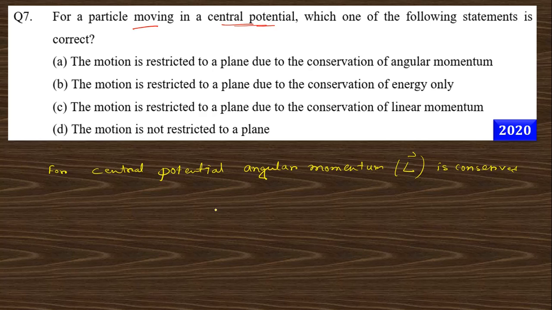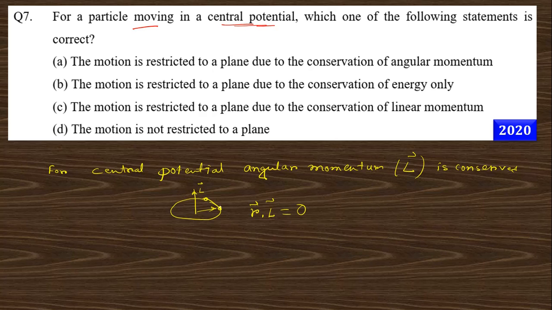If the particle moves in rotational motion, the angular momentum is along the axial direction and the position vector is perpendicular to it, so their dot product, r dot L, will be 0.